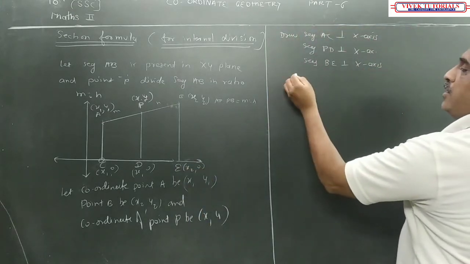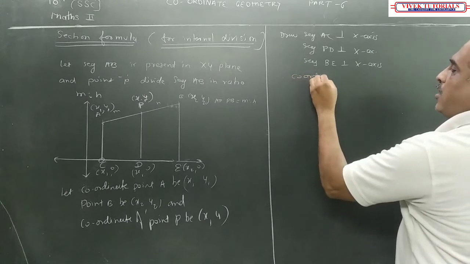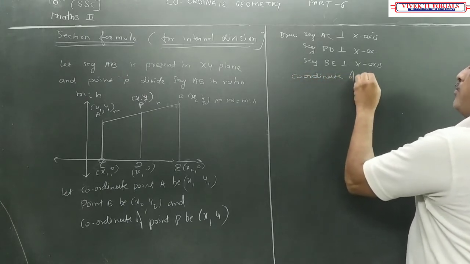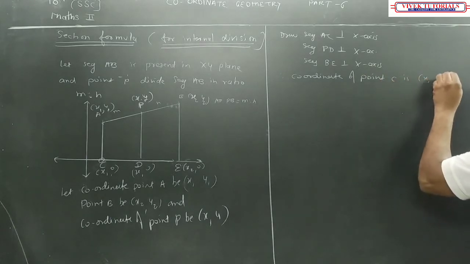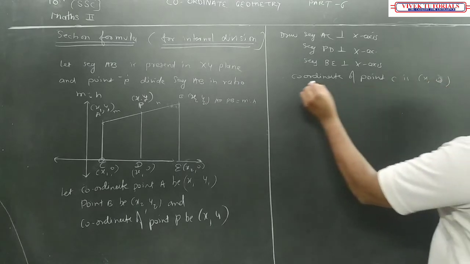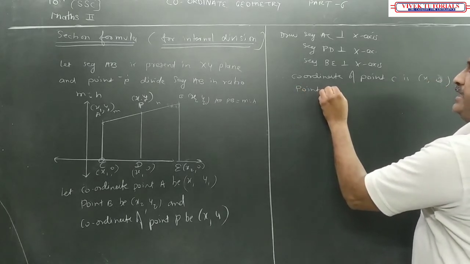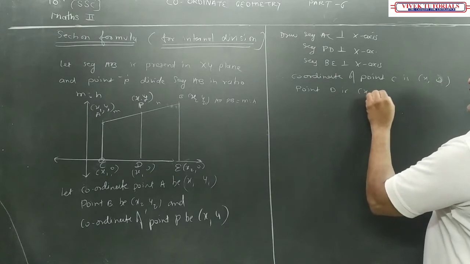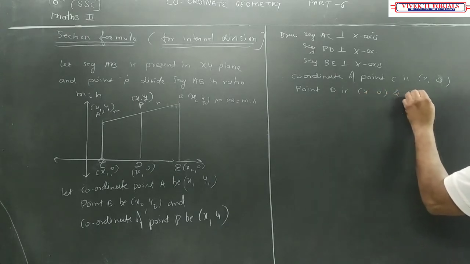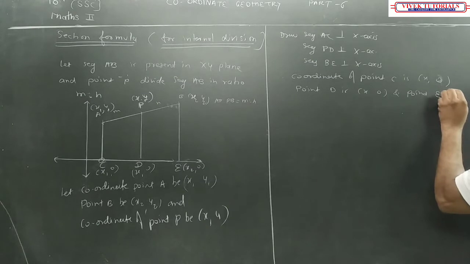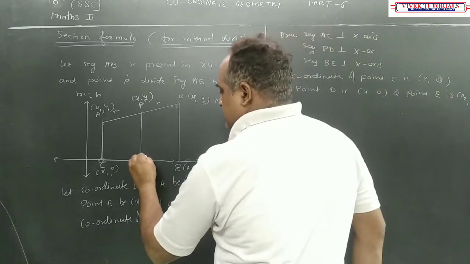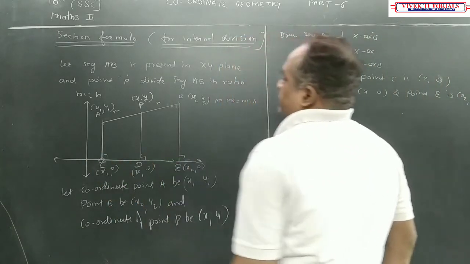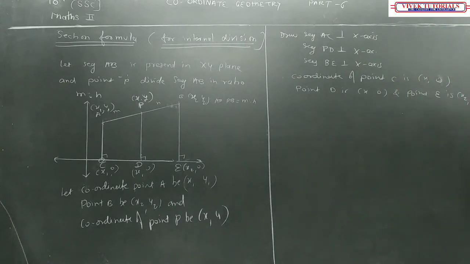Therefore, coordinates of point C are x1 comma 0, point D is x comma 0 and point E is x2 comma 0. Have you understood now? Got it?